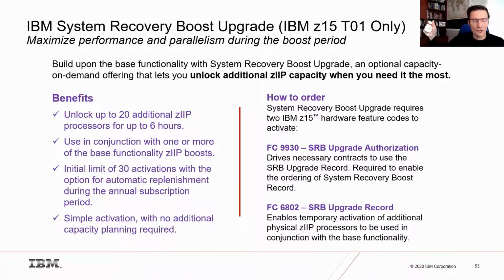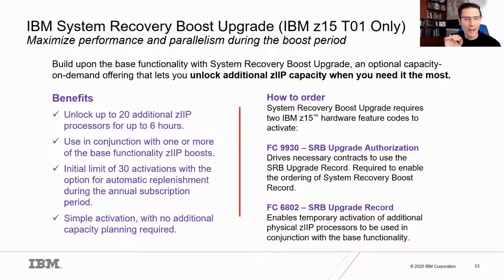Likewise, we can take those dark engines that are there but just not in use by your z15 and enable them as zIIP engines, allowing you to have significantly more engines at your disposal for increased parallelism during your shutdown, GDPS, startup, and recovery of your workloads time period.